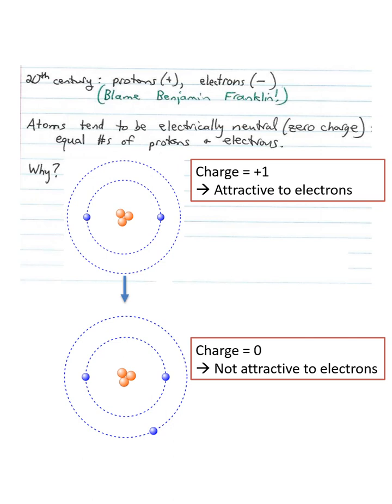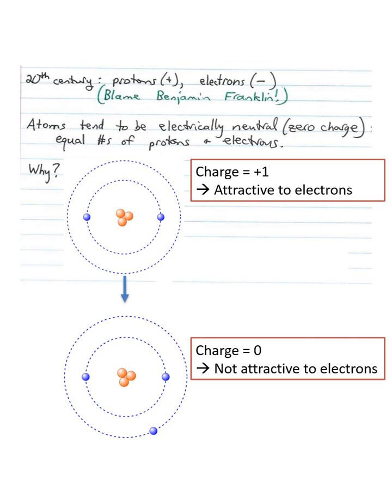And if Benjamin Franklin had picked it the other way around in his 50-50 guessing and said that the amber has an abundance of electric fluid, we would be calling that positive and would make some of the math a little easier. But this is the convention that we have. Electrons are negative charge, we call them, and protons are positive charge.